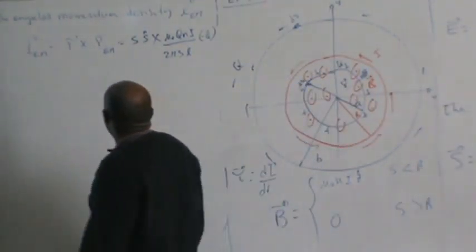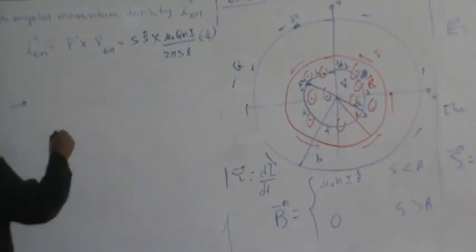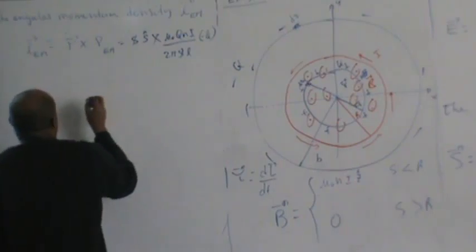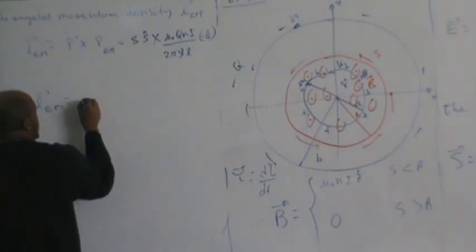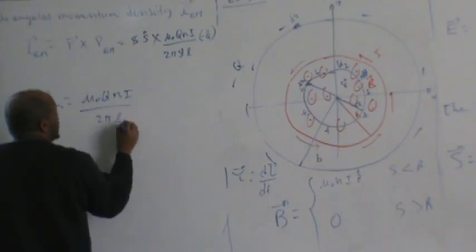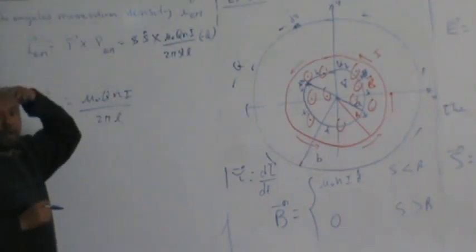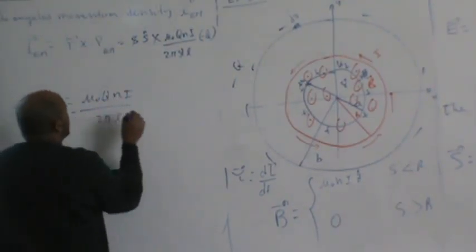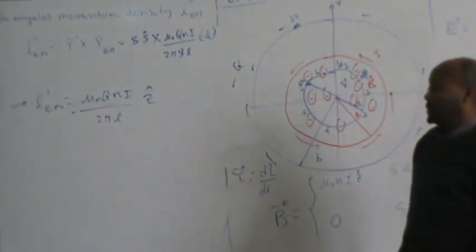So what do you get when you take the cross product of this? Yes, s cancels, and you get L_EM equals mu naught Q N I over 2 pi L, s crossed with phi, that gives me z. We need to have the minus sign, right? All right, so that's the density.